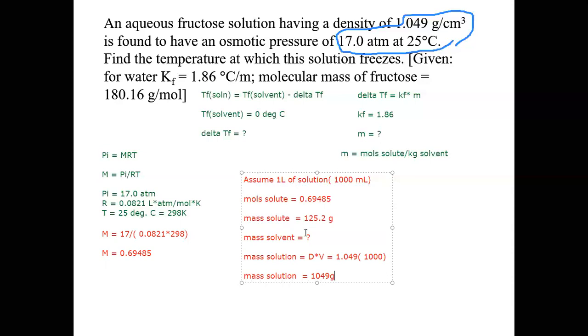So we have the mass of solution. Now we can find the mass of solvent, which is 1049 minus 125.2, 923.8 grams. And we're going to convert that to kilograms.